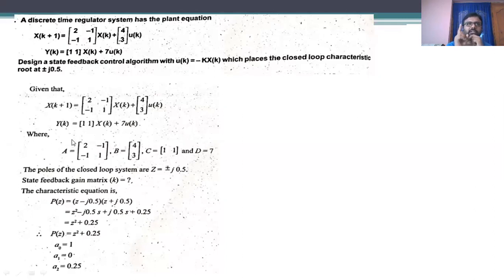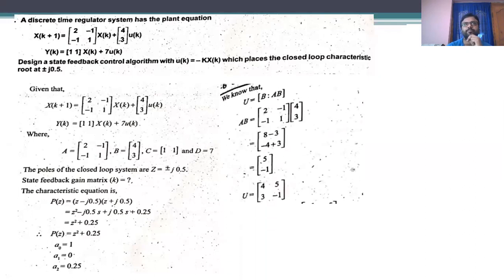Therefore the first step used in method 3 is to determine the desired characteristic equation with the closed loop poles. After that, we need to check whether this system is controllable or not.